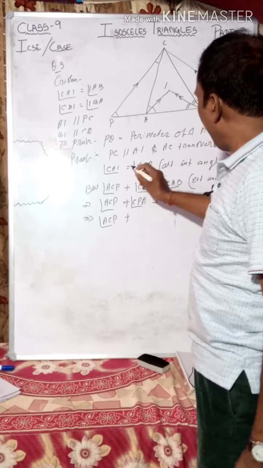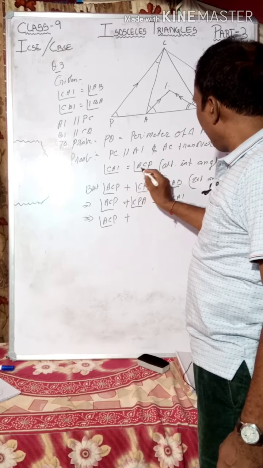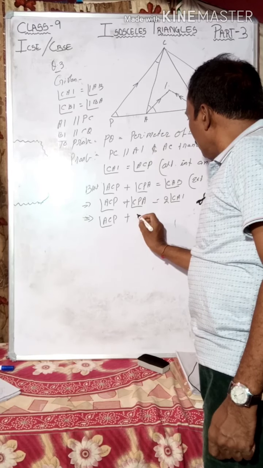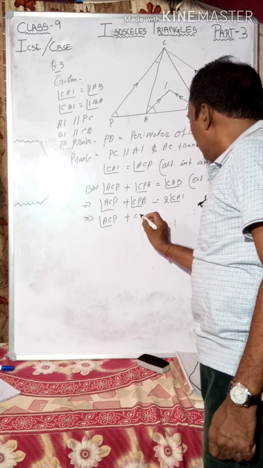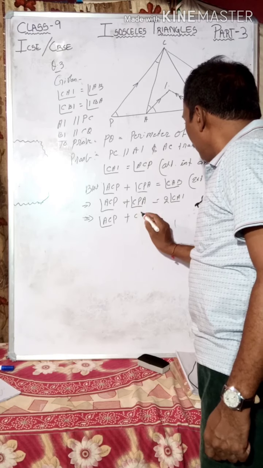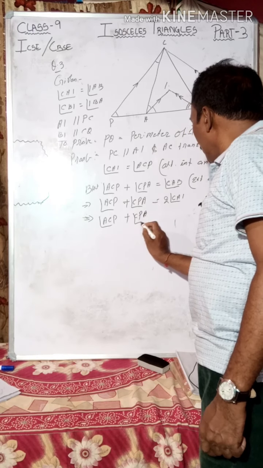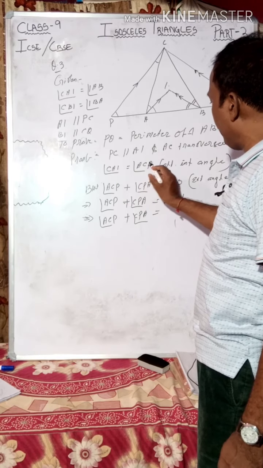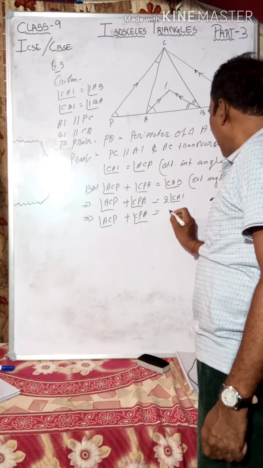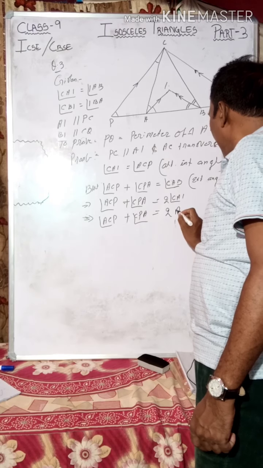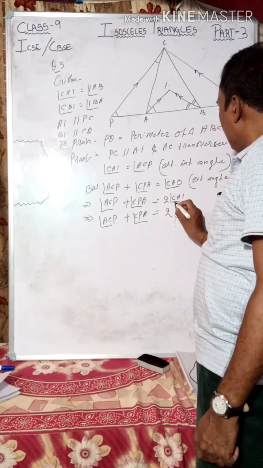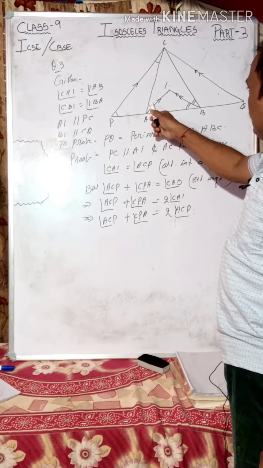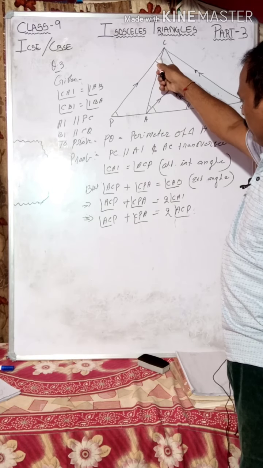Angle CPA is equal to angle CAI. Angle CAI is equal to angle ACP. This angle is equal to this angle.